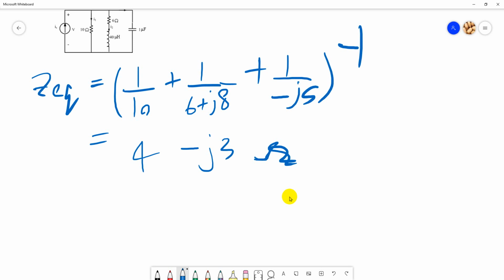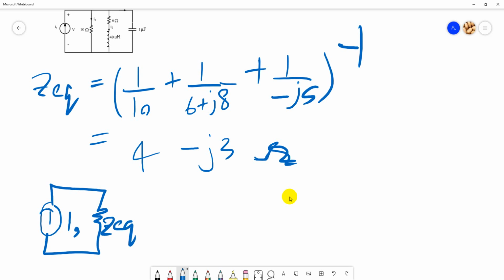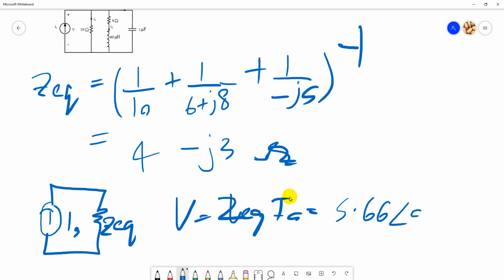This is impedance, so make sure that you use rectangular form. After you get the Z equivalent, ZEQ, this one is IS. So you get the voltage. V equals ZEQ times IS equals 5.66 angle 0 multiplied by 4 minus 3J.